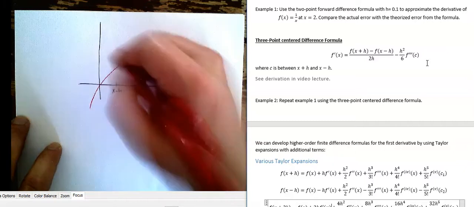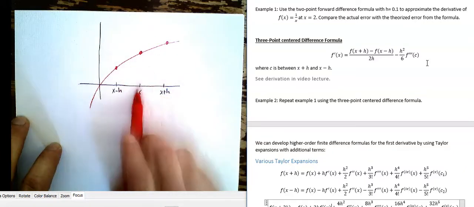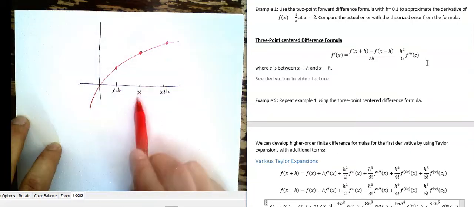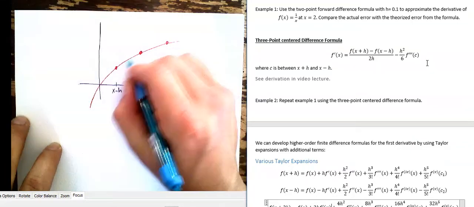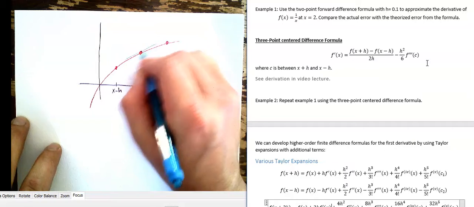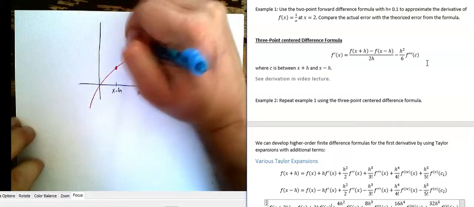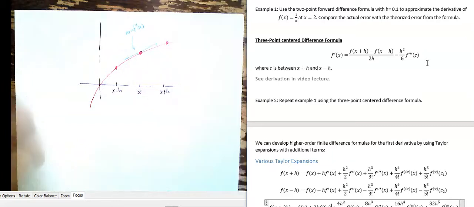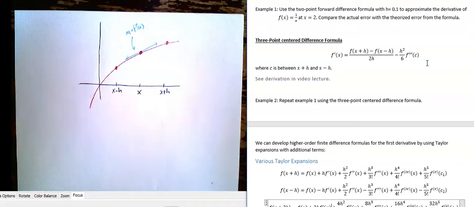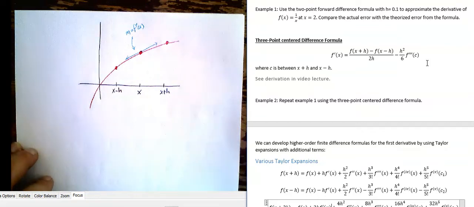So here's 3 points. 3-point centered difference gives us the approximation to the derivative at that center point. So again, we're looking for the slope of this tangent line here. That would be the derivative at that point. And we're going to utilize the secant line that goes through these 2 points.